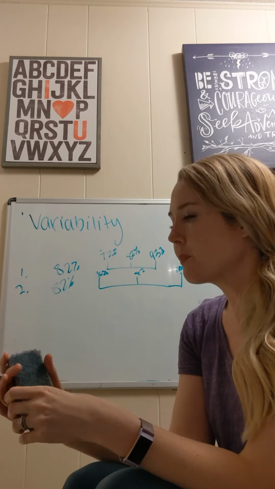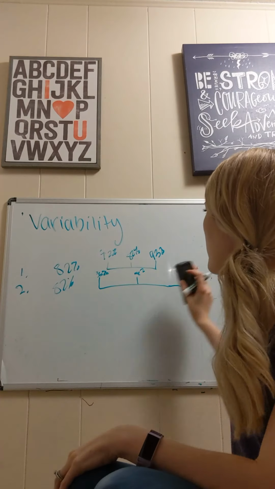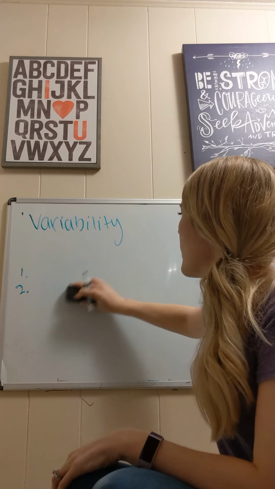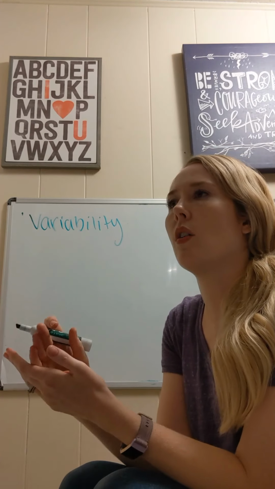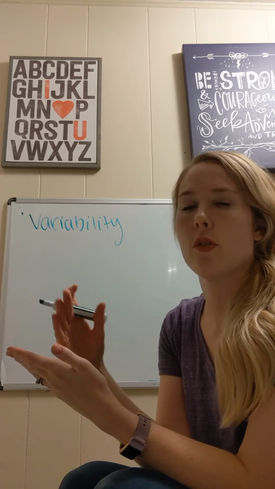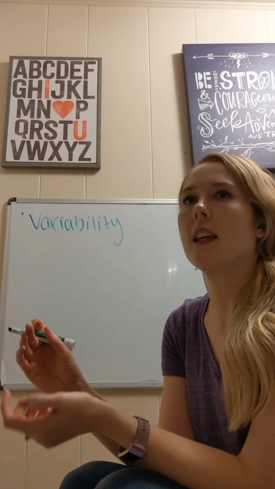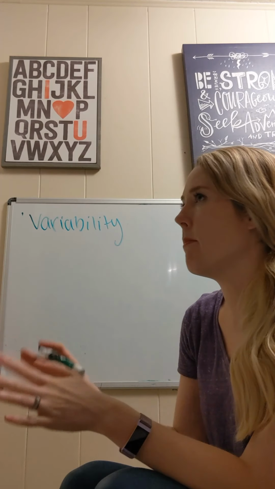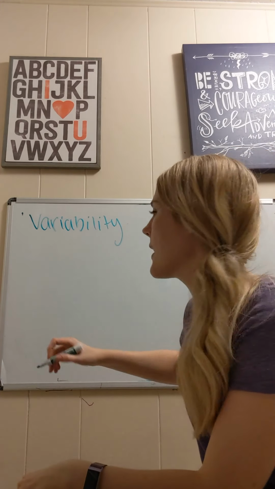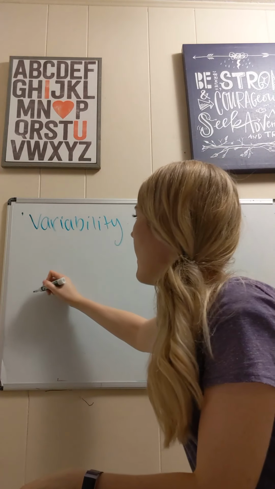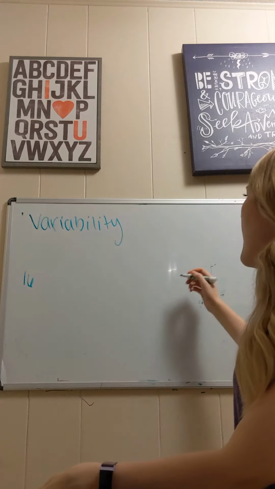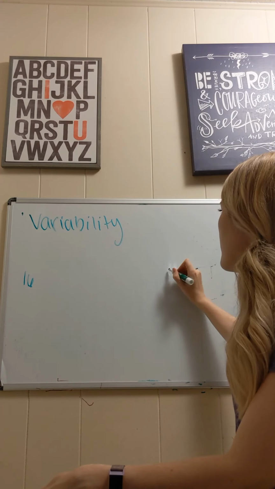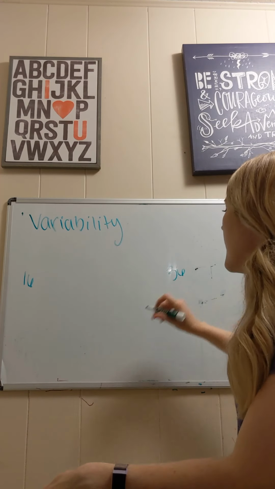So let's start off talking about range, which are the lowest and the highest attribute in your data set. Let me be a little bit more specific here. When they're talking about attributes, they're talking about individual answers or scores, especially for interval and ratio level variables. So let's say I'm looking at age in a classroom. Let's say the lowest age is 16 and the highest age is 36.